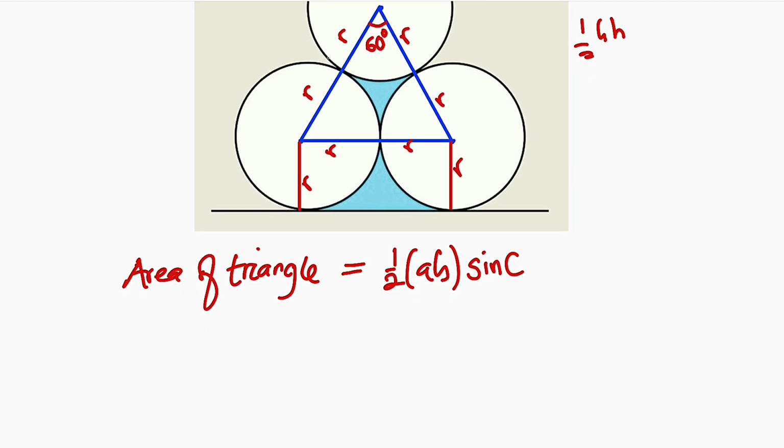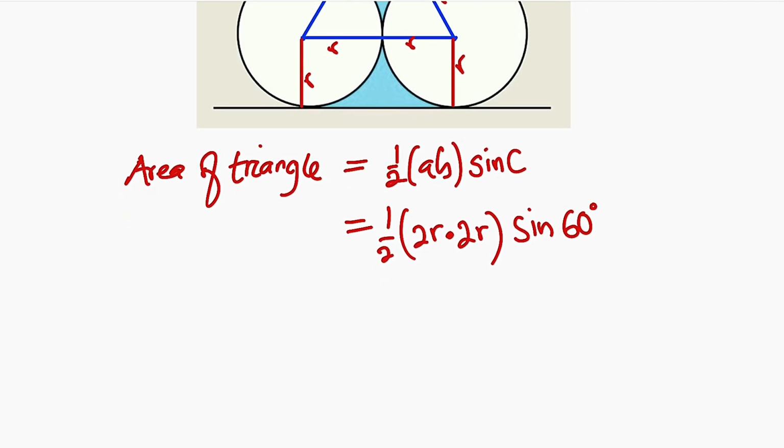Substitution. Remember, this is R, this is R. If you join them together, you have 2R. So this is equal to half. A is 2R. B is also 2R. Sine 60 degrees. 2R times 2R is 4R squared.